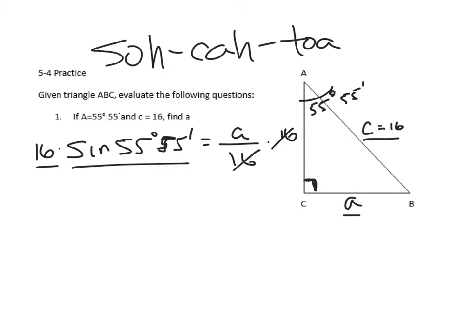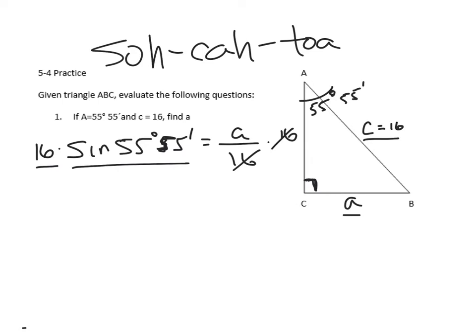But on my calculator, if you go into the angle menu, which is above the apps button, you're going to see number 1 in the angle menu is the degree symbol, and number 2 is the minute symbol. So you can actually type into your calculator 16 times the sine of 55, then get the degree symbol from the angle menu, and then 55 minutes, getting the minutes symbol from the angle menu.